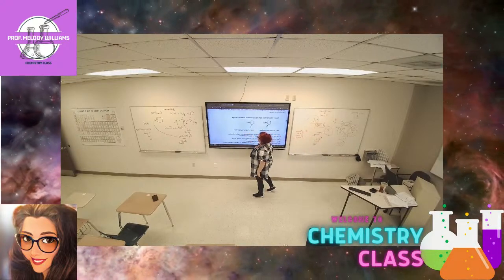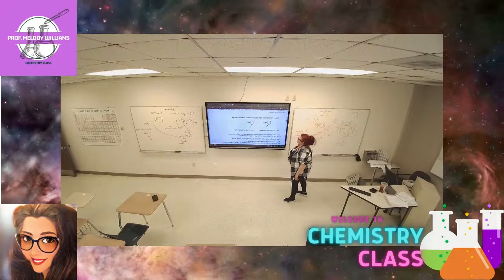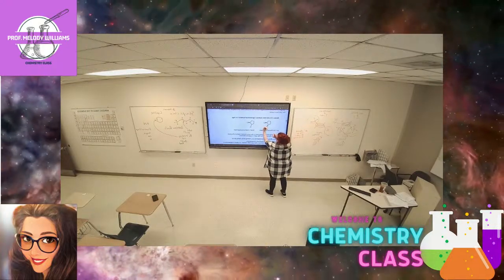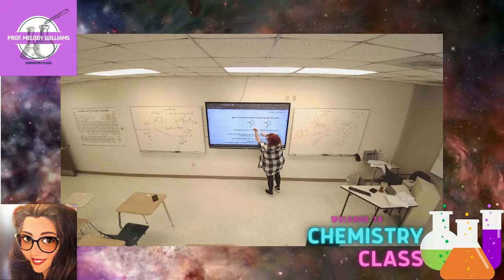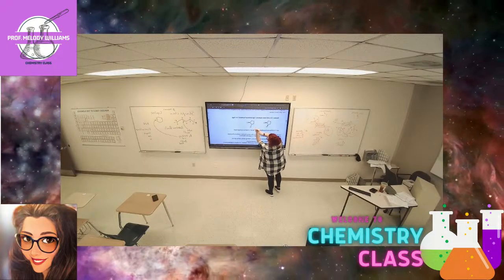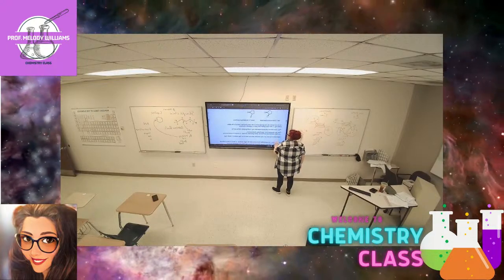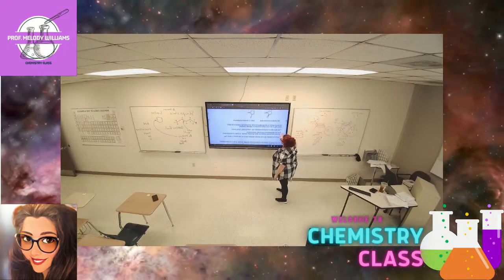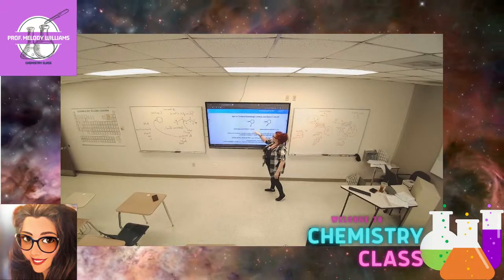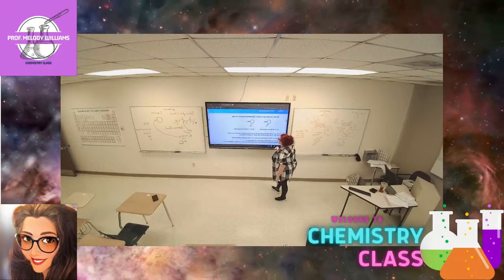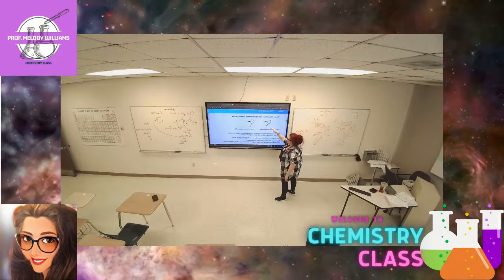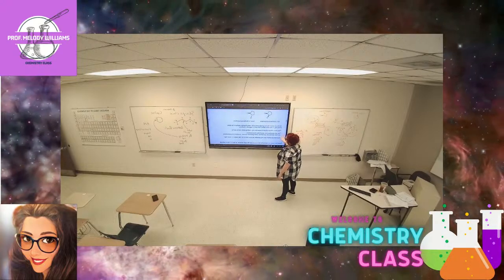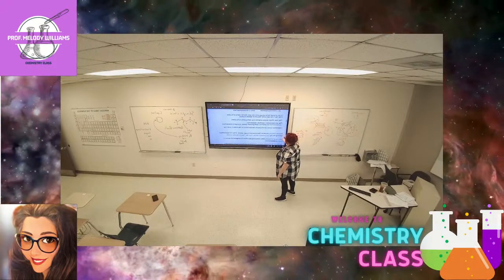Trans-1,2-dichlorocyclopentane. So these are both coming out towards us. This one is coming out towards us while that one's going in the back, right? Their physical properties are vastly different. Just the direction of that chlorine in comparison to the other one gives it vastly different properties.